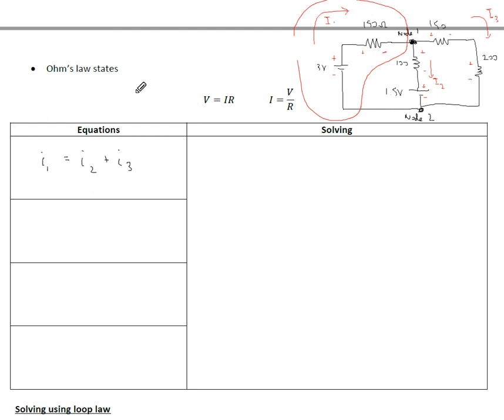We know that current is voltage divided by resistance. Node 1 must have some voltage, which we don't know, so I'm going to define it as V1. I1 is the voltage lost across the 150 ohms divided by 150 ohms. So I1 is equal to 3 volts minus V1, over 150.